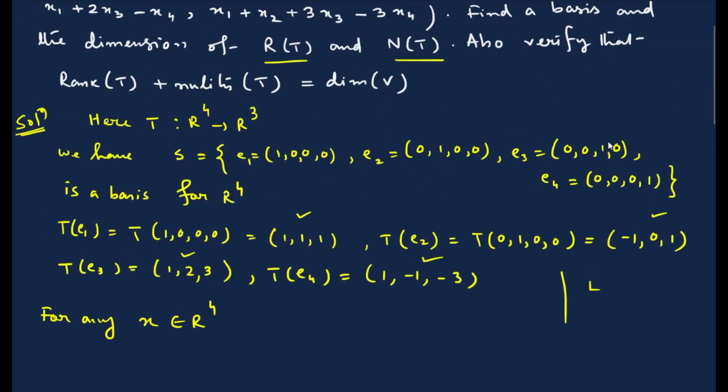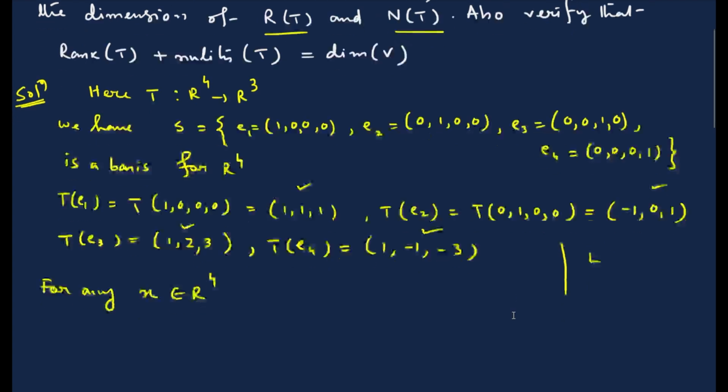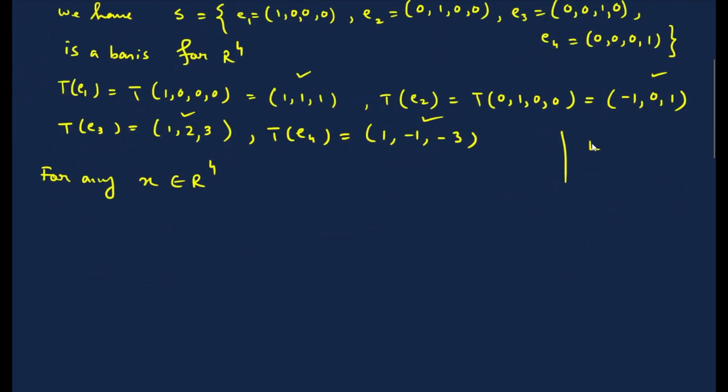L of S is R to the power 4; S is a basis of R to the power 4. Just recall the definition of linear span or basis. What are the conditions? The first condition is S is linearly independent, and the second condition is very important.